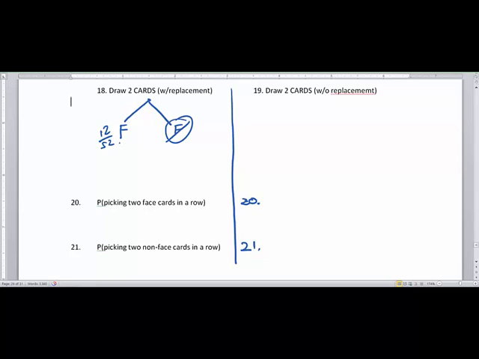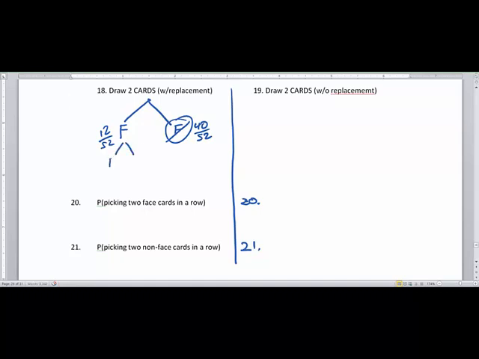And there are 4 of each because of the 4 suits in a deck of cards. That would be heart, club, spade, diamond. Now, the complement of face is non-face, so that would be 40 out of 52, because the complement of F, F prime, is 40 out of 52. Both of them together would make a full deck.